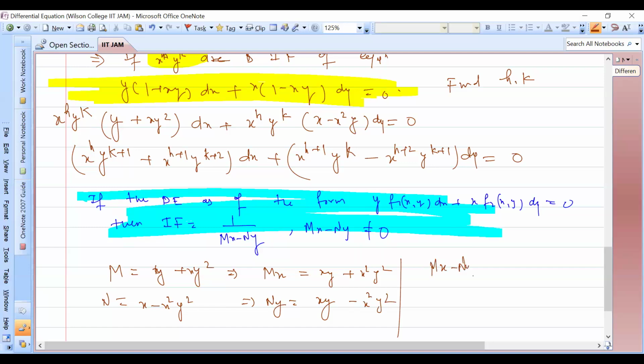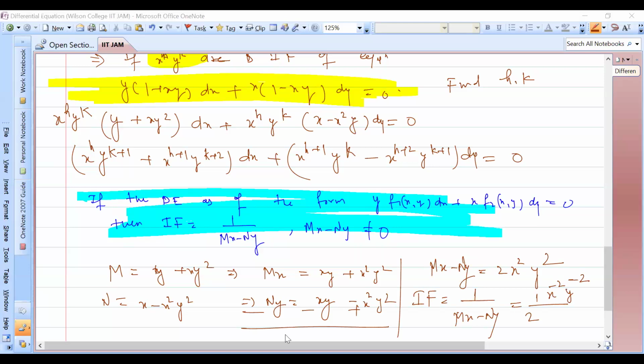So Mx minus Ny is 2 times x square y square. So what should be the integrating factor? 1 upon 2 times x square y square, that is 1 upon 2 times x raised to minus 2, y raised to minus 2. So what should be the values of h and k? Minus 2 and minus 2. Correct? Yes, sir.